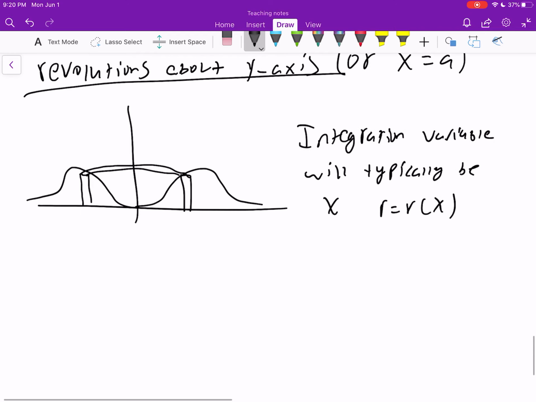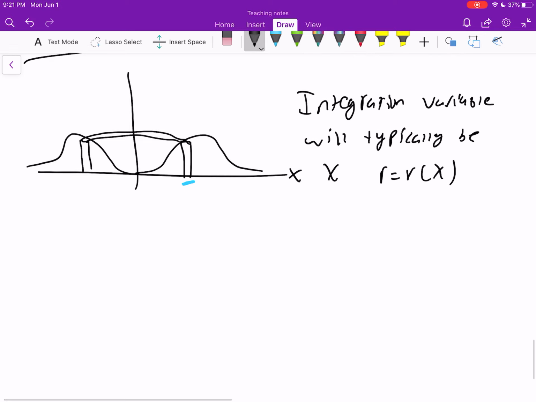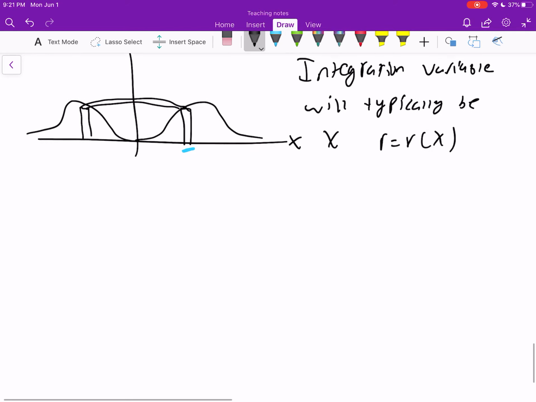The reason being, when I take these cylindrical shells, the direction I extend them into, this little thing that I've just put in blue down there, that's the direction I'm extending it into. That happens to sit on the x-axis. So the direction that I'm going to extend into is the x direction. My integration variable is x.